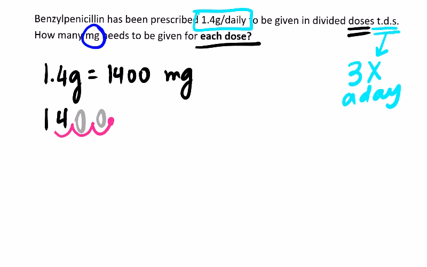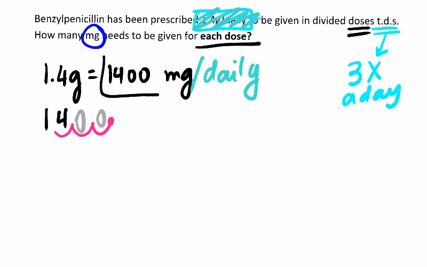So now we are going to use this as our daily prescription, as it said on top. So I don't need to look at that one anymore. We are concentrating on 1,400 milligrams per day for the full day.